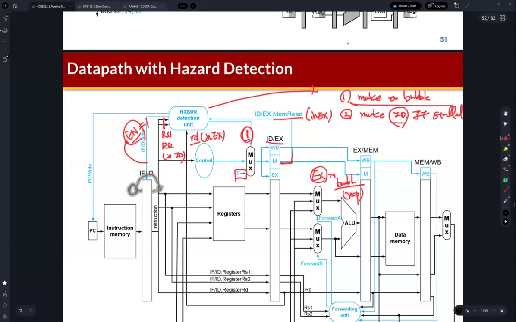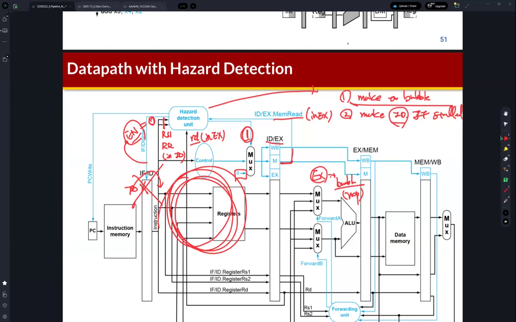Okay. Then if we just make this enable signal 0, then the value is not updated to the output port of the pipeline register, right? So if the input value is not updated, then the instruction keeps all the signals in this ID stage maintained, right?